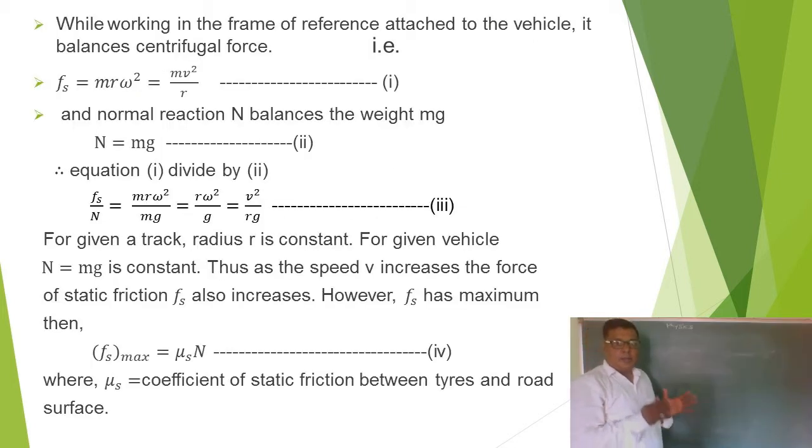While working in the frame of reference attached to the vehicle, it balances the centrifugal force. That is, Fs is equal to m r omega square, equal to m v square upon r. This is equation 1. And the normal reaction N balances the weight mg.